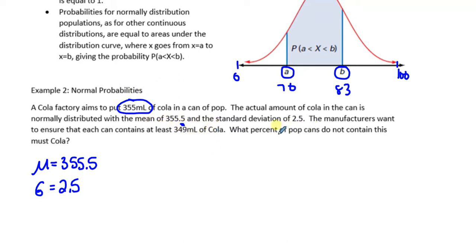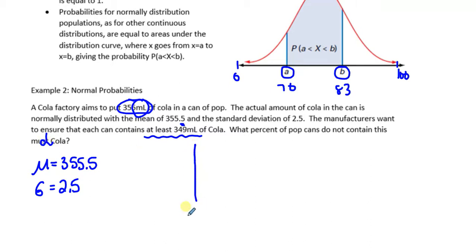With the standard deviation, they could put a little bit more or a little bit less, both measured in milliliters. The manufacturers want to ensure that each can contains at least 349 milliliters of cola. What percent of pop cans do not contain this much cola?